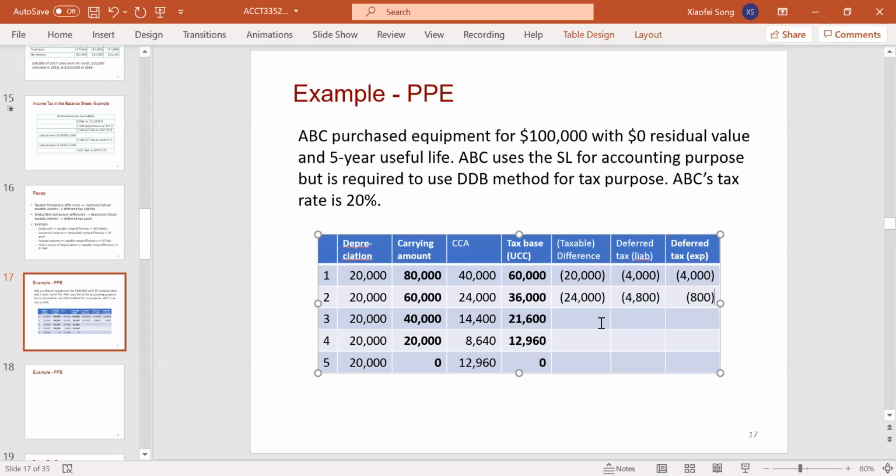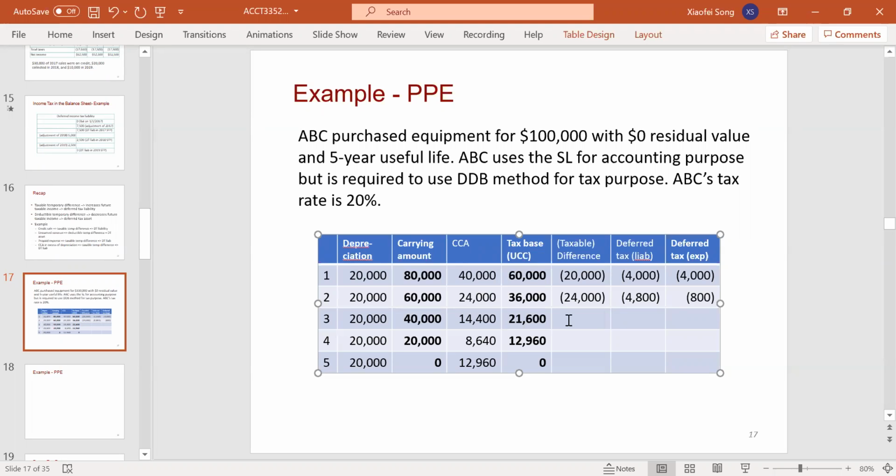Okay, so the following year, again, there's 40,000 left to deduct to compute accounting income, and there's only 21,600. So again, future taxable income will be more than accounting income, right? So we have a deferred taxable difference.